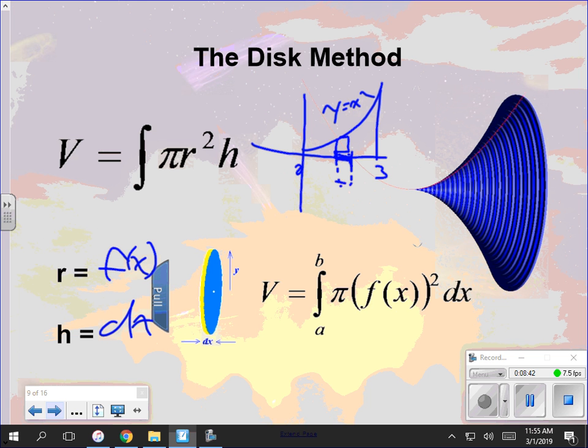We'd write it as a function of y instead of a function of x. But we can rotate it around other lines, which means we have to figure out what the radius is accordingly. Drawing pictures and diagrams to find your radius in particular is extremely important. I cannot overemphasize doing that. To label them and do it.